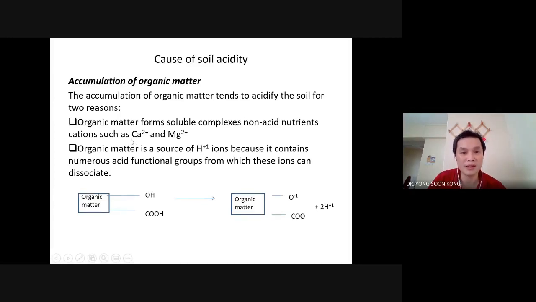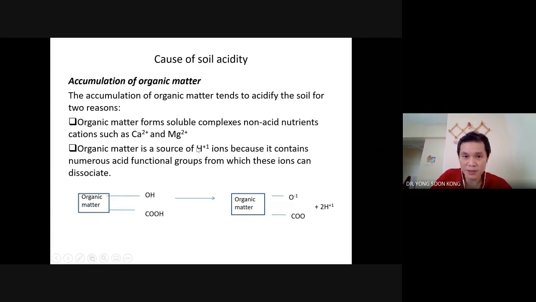By forming this complex. So when you have this negative charge on the surface, it can actually bind with the positive cations such as calcium 2 plus or magnesium 2 plus. Now you must be wondering, how come bonding between these two cations will further bring down the acidity?